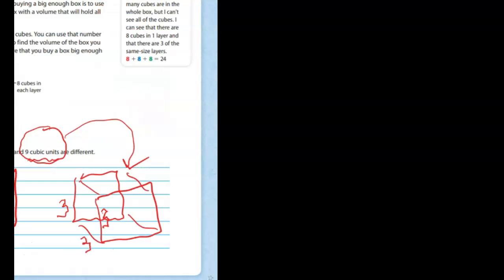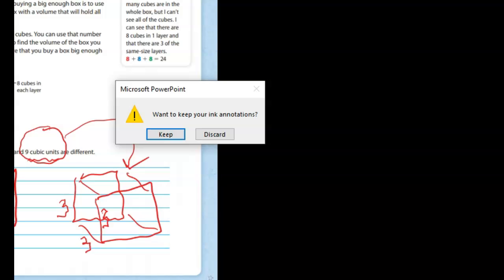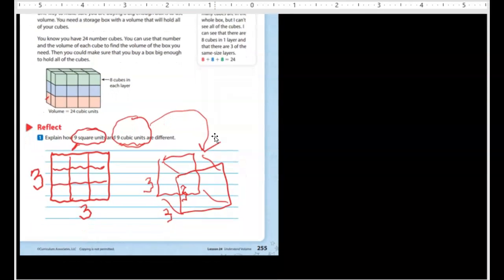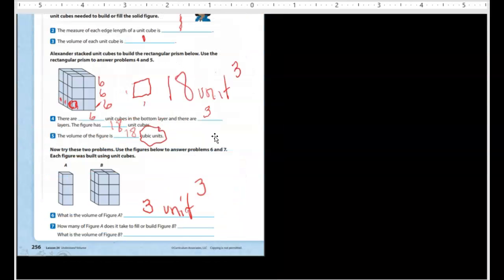Okay, oops, sorry about that. I don't know how to get back. There we go. Okay, and I was on this one. Sorry about that. How many of figure A does it take to fill figure B?